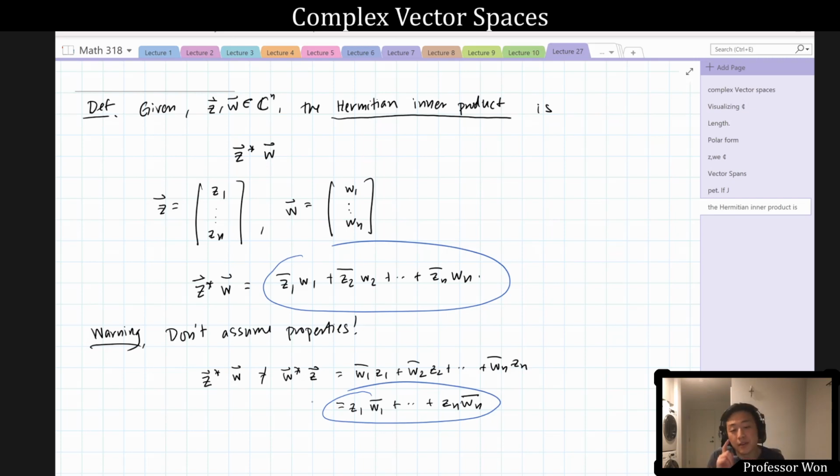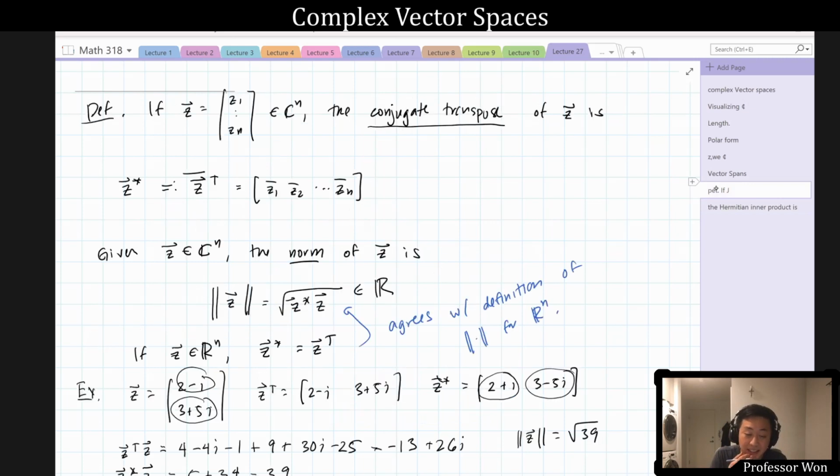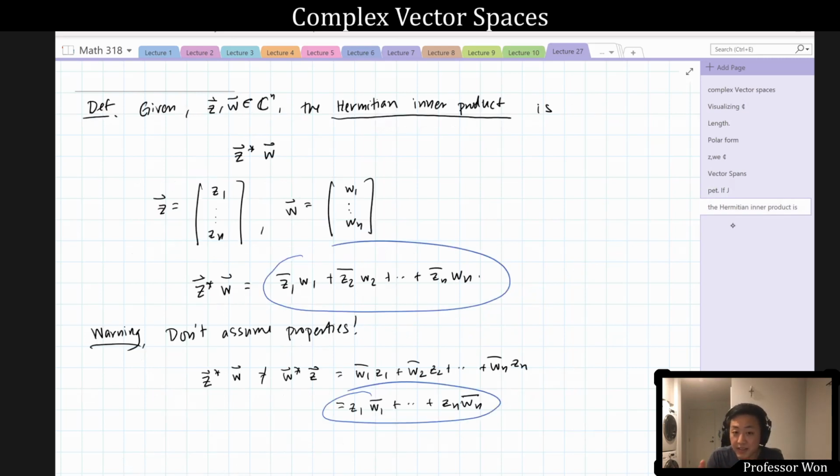Okay, but once you have a notion of inner product, then you have a notion of angles and a notion of lengths. We actually introduced the lengths first, right? Once you have an inner product, the length of a vector is: you take the inner product with itself and you take the square root. But once you have an inner product, you can also talk about what it means for two vectors to be orthogonal. What it should mean is that their inner product is 0. That was what was true for the dot product case, and that will be our definition.